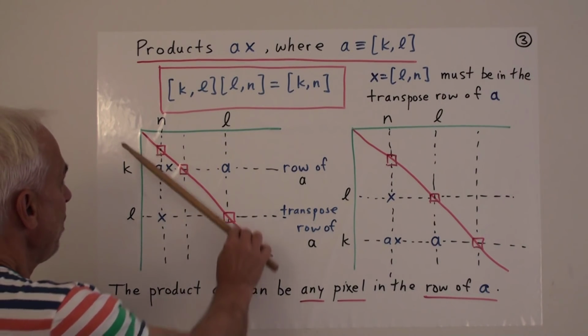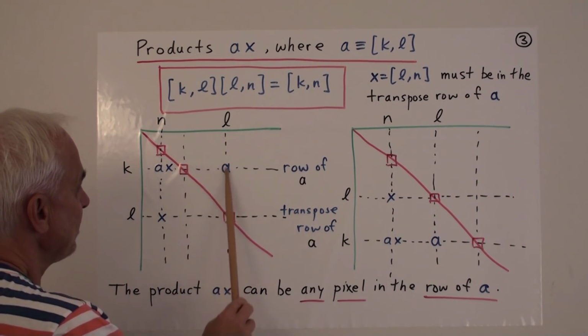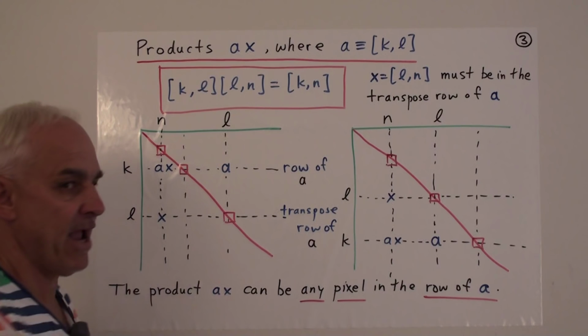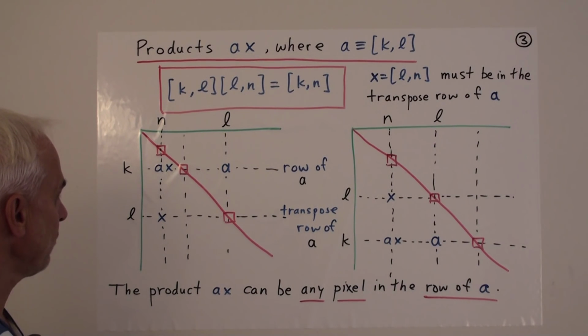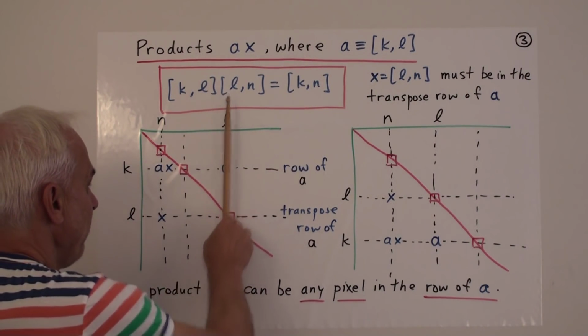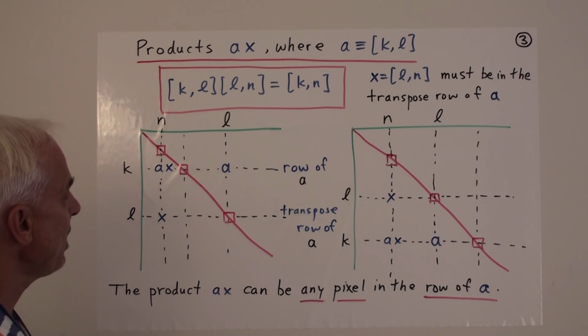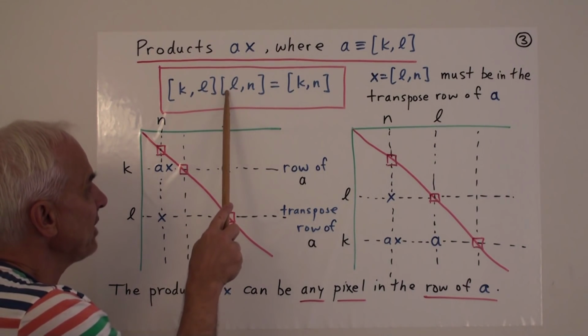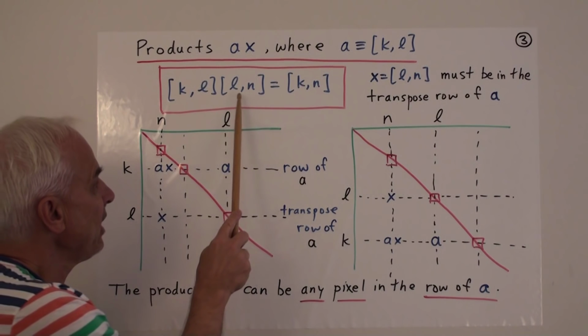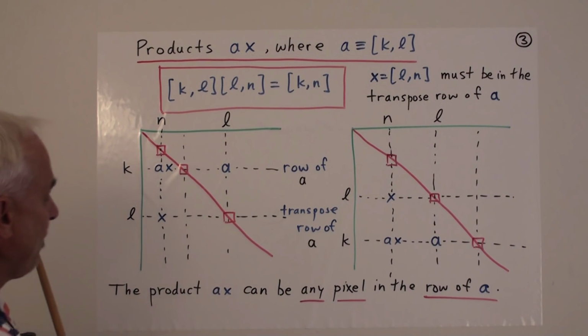So the first case here, we have A sitting somewhere here above the diagonal. Here's the row and column of A. Now have a look at this X pixel. It's LN. What does that mean?